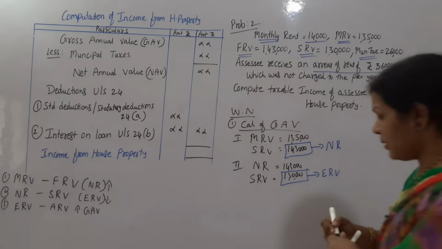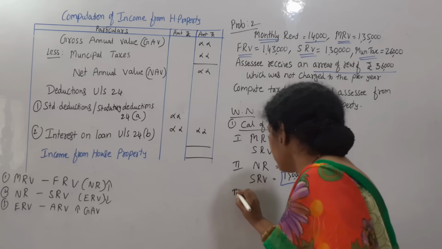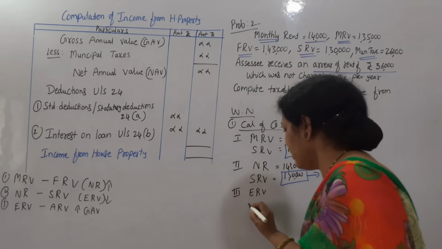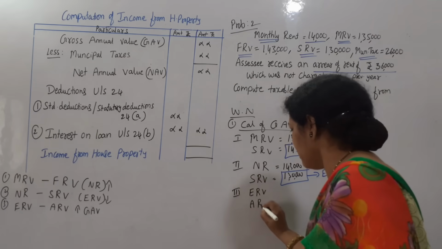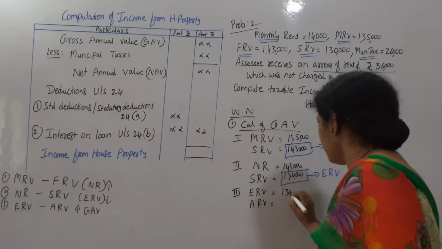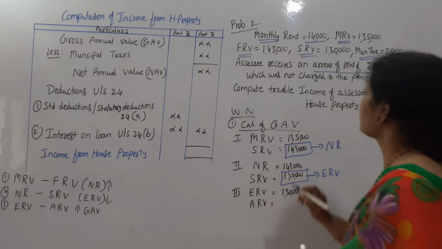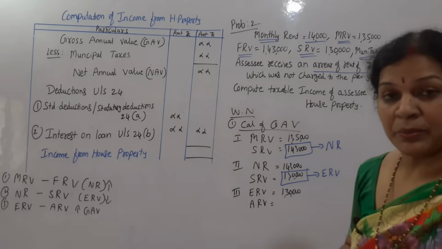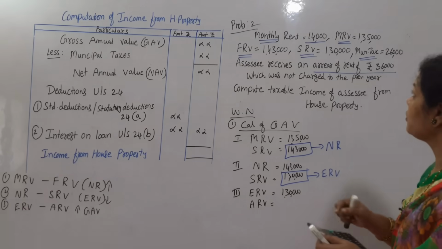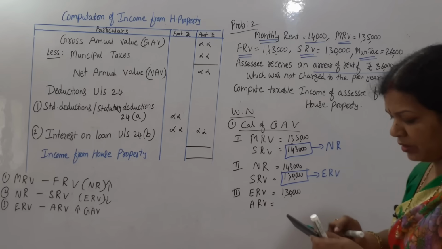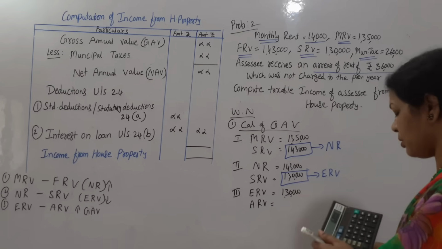Once we get expected rental value, third step is expected rental value and actual rental value. Expected is 1,30,000. Actual is 14,000 per month. Per month means 12 months, so we have to take 14,000 into 12. It is 1,68,000.